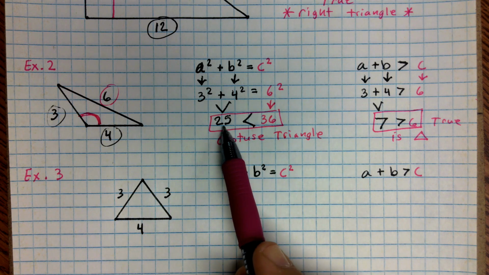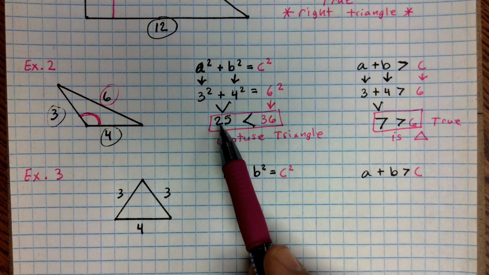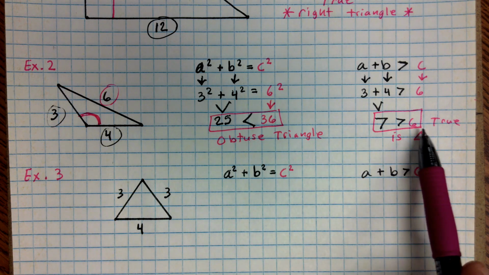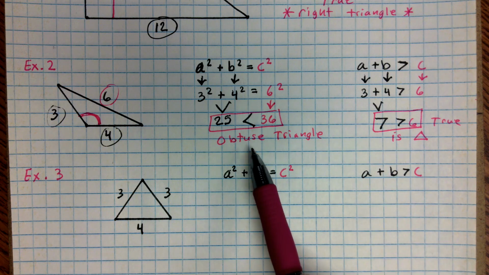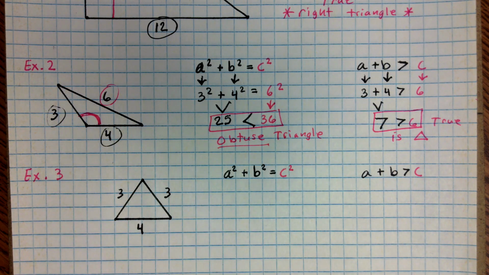How do we know that? Because the Pythagorean theorem's converse actually proves it. Anytime we have the two legs squared added together and they come out to be less than the largest side of the triangle squared, and it's already passed the test to prove that it is a triangle, then it has to be an obtuse triangle with an angle larger than 90 degrees.